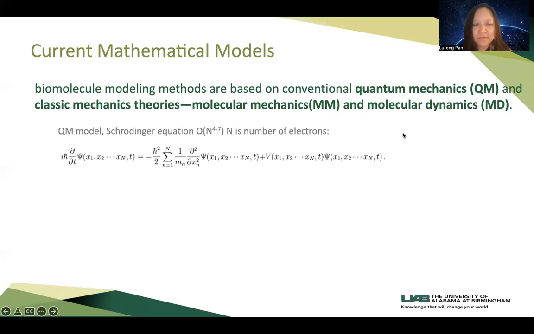So first, the quantum mechanics, the QM model, has been invented for over 100 years. Since then, it has been used to describe the very fine limit of physical reality, down to as small as electrons and those particles and their behaviors in atoms or molecular systems.